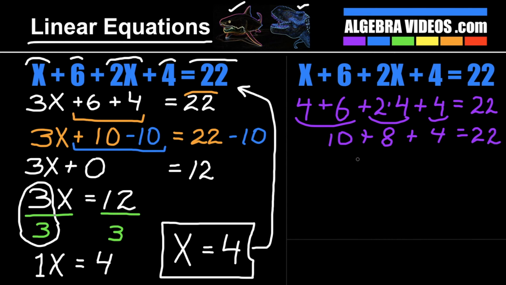And now a little more simplification. 10 plus 8 is 18, plus 4, we're just bringing that down, equals, on the right side, 22. And now let's simplify one more time. 18 plus 4 is 22. And that equals, on the right side, we're just bringing down 22.